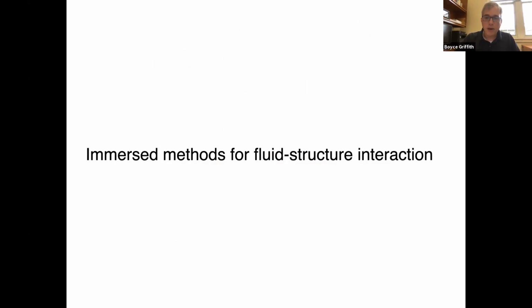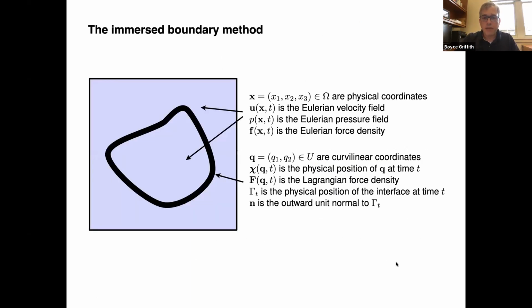The classical immersed method is the immersed boundary method. This was introduced by Peskin in the 1970s. The basic idea with the immersed boundary method is that we use an Eulerian description of the fluid. We describe the fluid in fixed physical coordinates, say lower-case x, x1, x2, x3, and we use a Lagrangian description of the immersed structure.